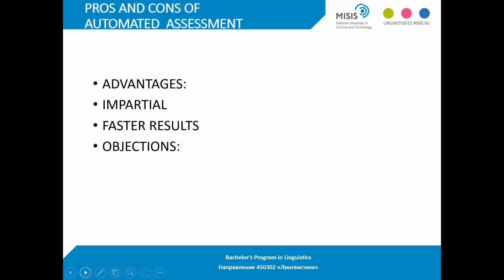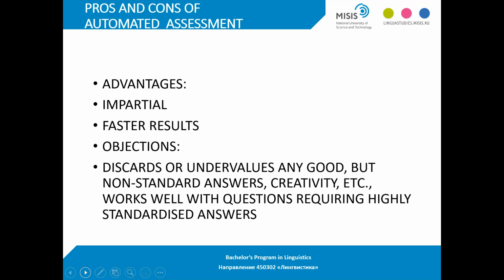What are the objections? They are also a little bit serious. I said that if the artificial intelligence gets an essay, for example, it starts comparing it with all the similar essays using similar expressions, using a similar structure, that it has in its huge memory.